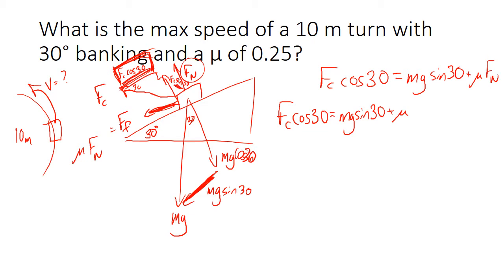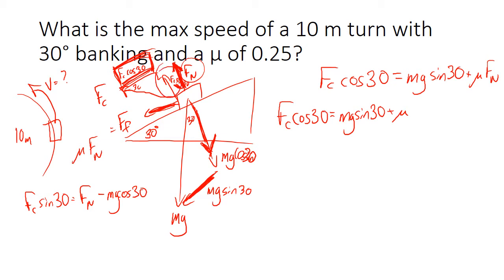This guy is subtracted, right? So FC sine 30 is going to equal your normal force minus your mg cosine 30, because this guy is going up out of the pavement, minus this one going into the pavement. That'll equal your net force, which is right there.